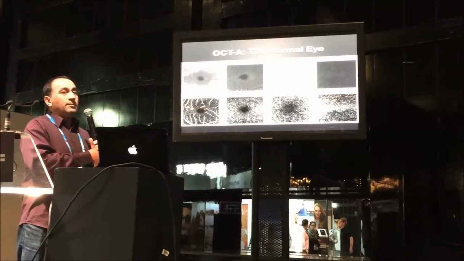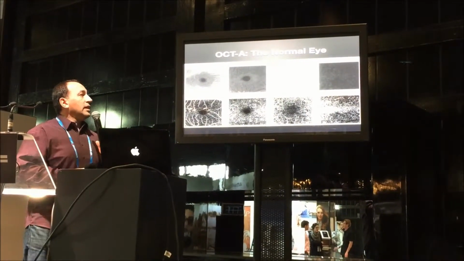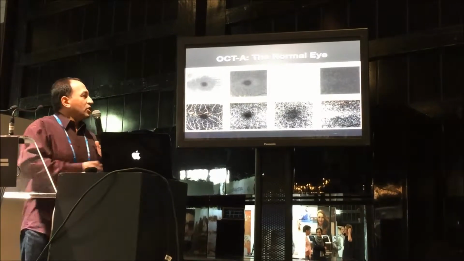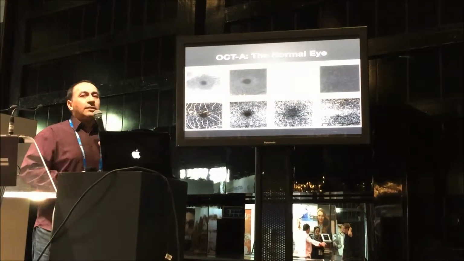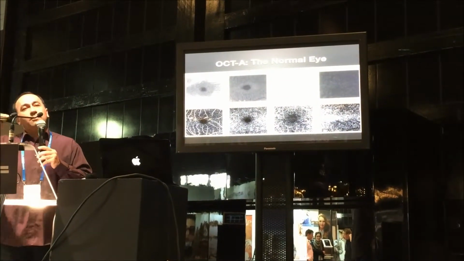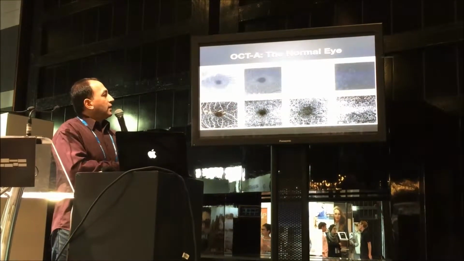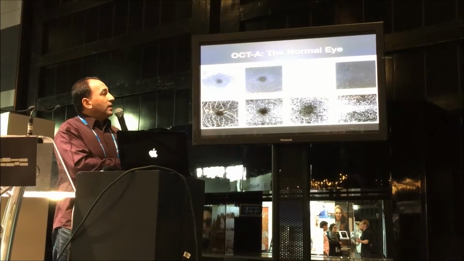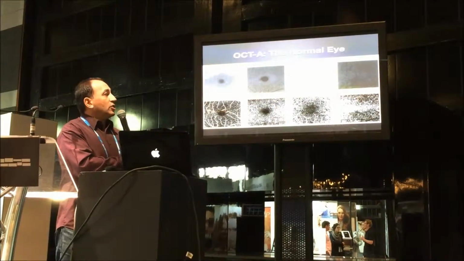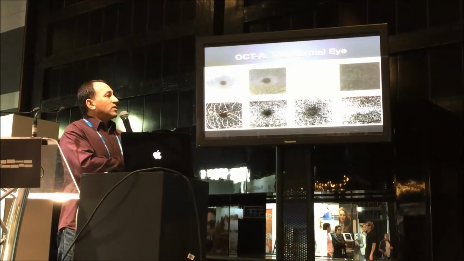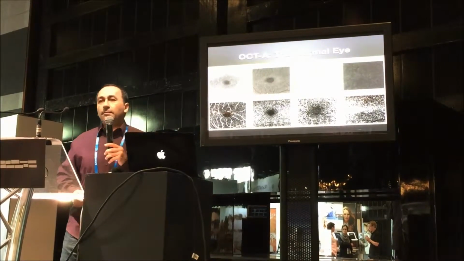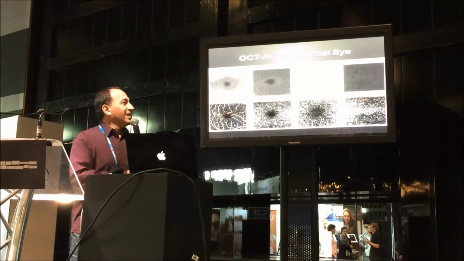So from the internal limiting membrane to the inner plexiform layer and nuclear layer junction. And the +8 means another 8 microns posterior to that junction, so towards the outer retina. This next layer is the middle retina, so you're looking at the inner plexiform layer junction down to 87 microns posterior, sorry, not millimeters.